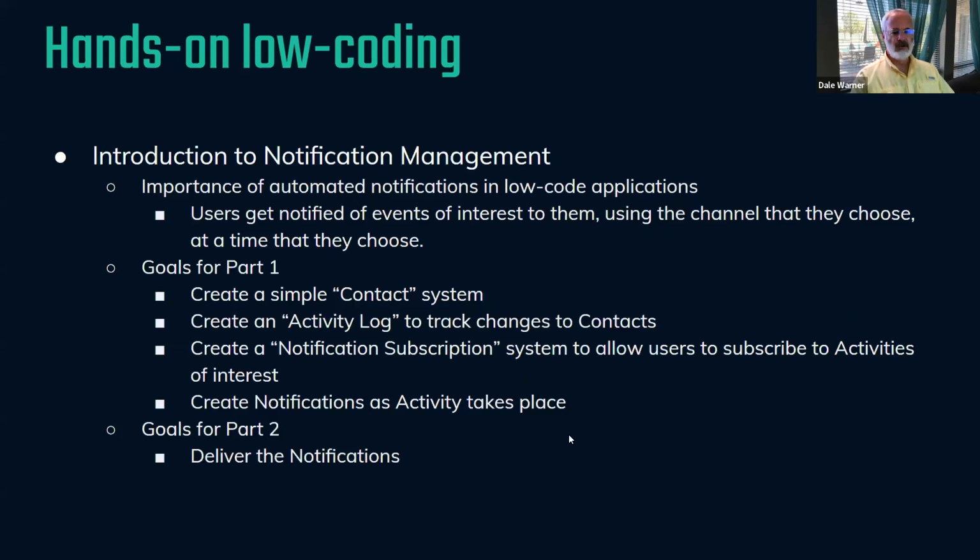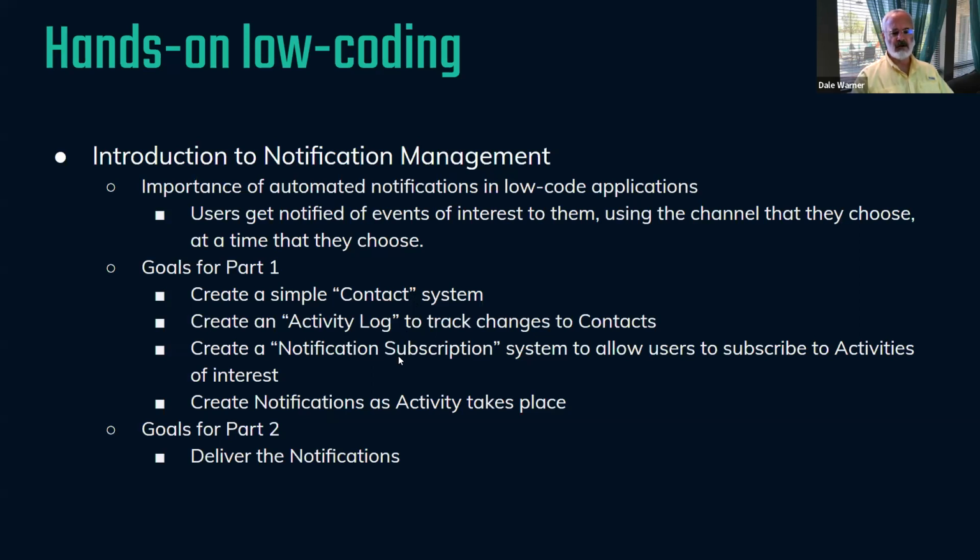So what we did was we said that in our part 1, what were the goals that we were trying to do. First of all, we created a simple contact system just so that we would have something to work with. We created an activity log so that every time a change happened in the contact system, we logged those things so that there was data tracking what changes had been made.